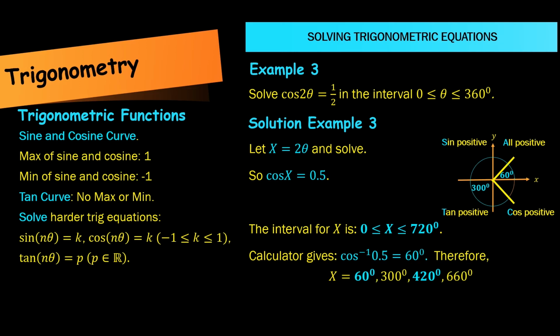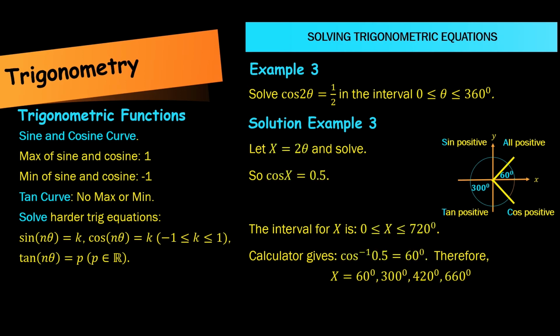So 420 degrees is 360 degrees plus 60 degrees. And 660 degrees is 300 plus 360 degrees.